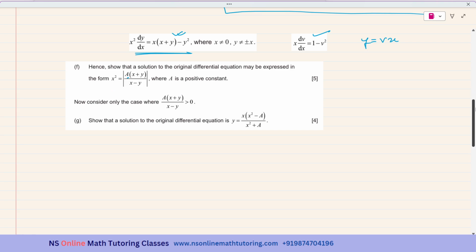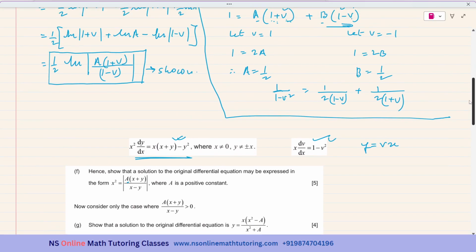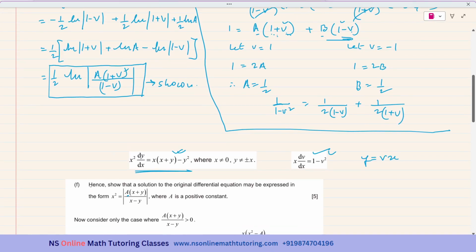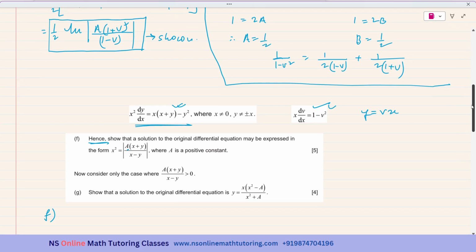Okay, so let us try. I'll be taking this differential equation, because the question says 'hence', so I'm assuming that I'll be taking the help of the previous result, which contains v. So I'll be taking this differential equation.